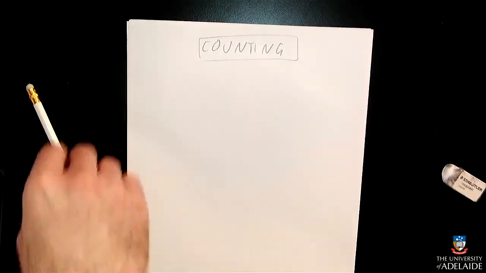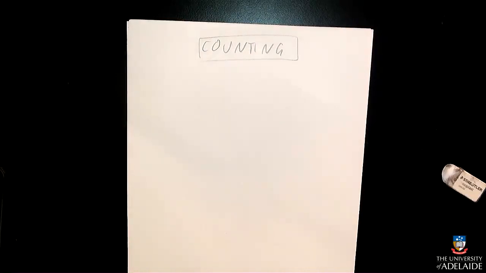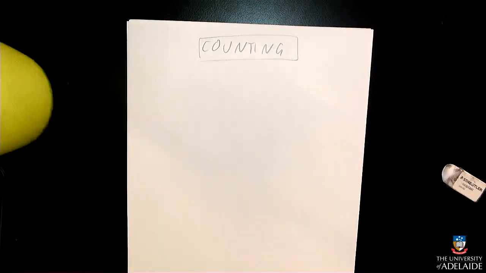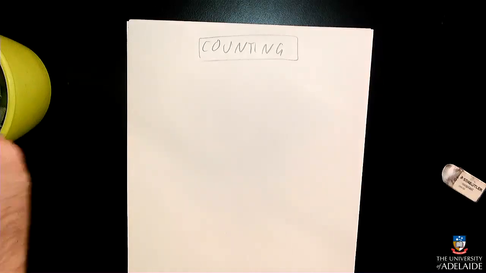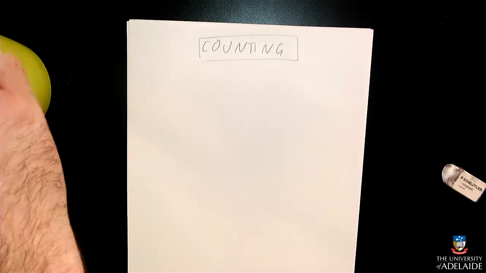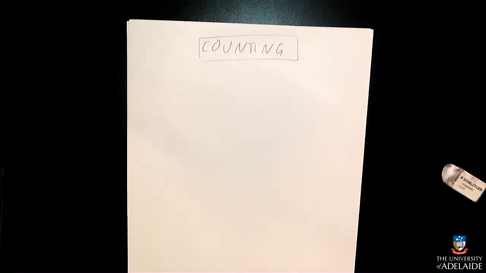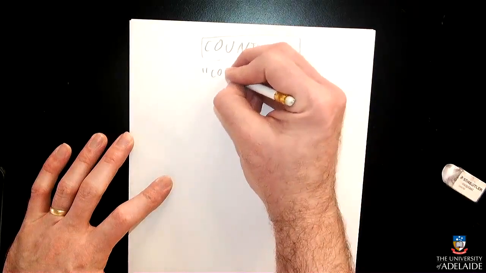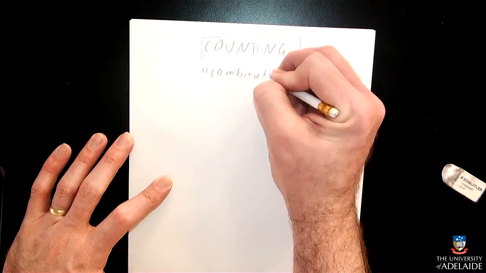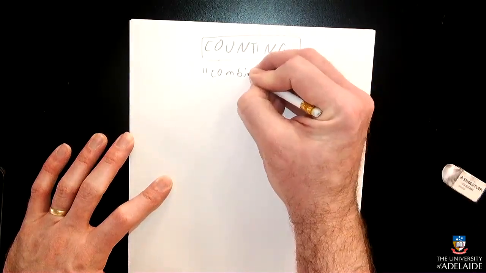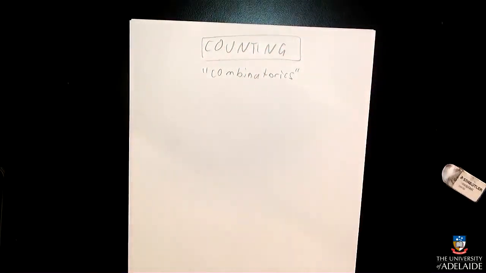Cool. All right. That's going to be tough. I'm going to give some thoughts on it. Counting can be difficult. Lots of people call this area combinatorics, so if you ever want to Google problems, you can Google combinatorics, which is the study of combinations of things.